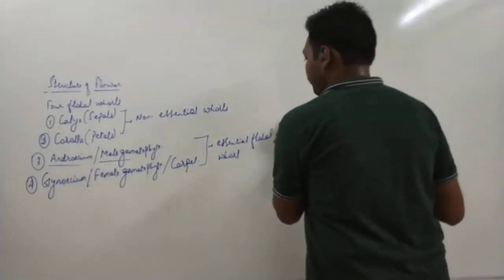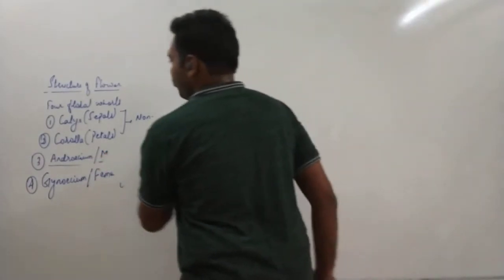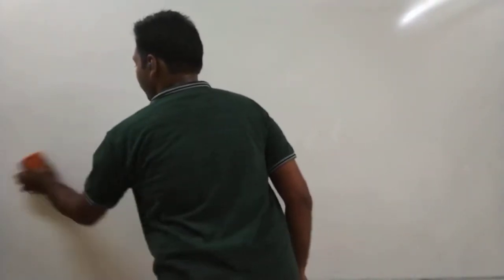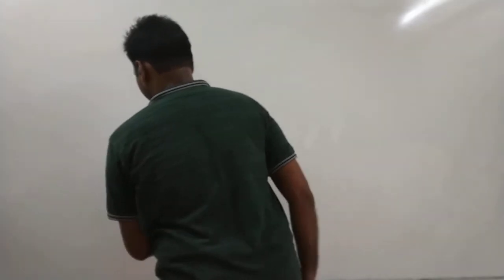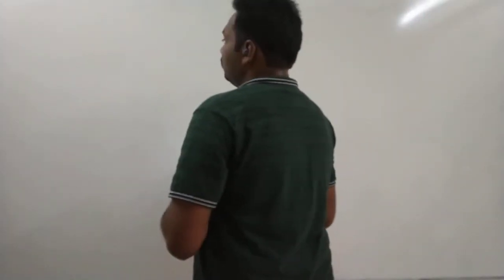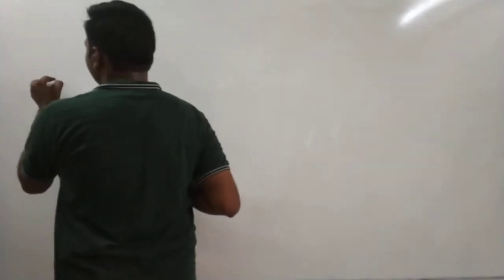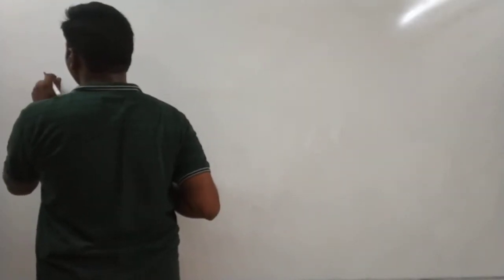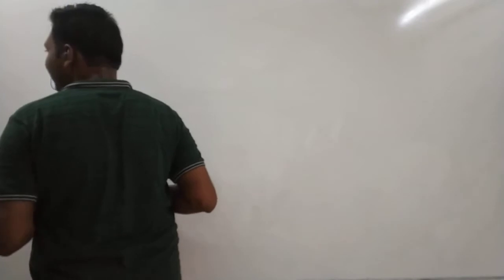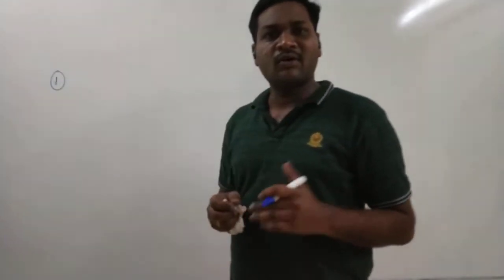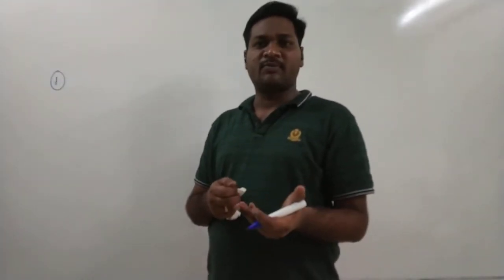Number 1. Why are we not studying calyx and corolla? Because they are not participating in sexual reproduction, right?